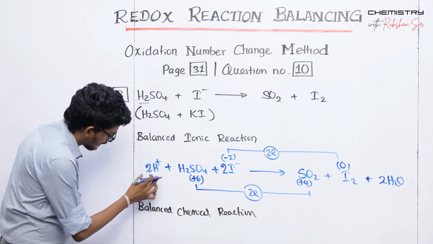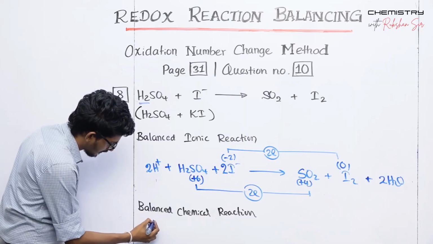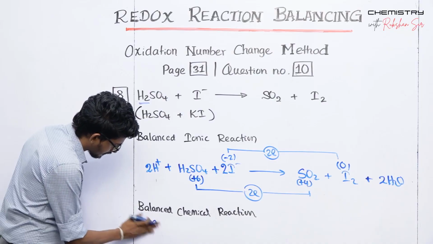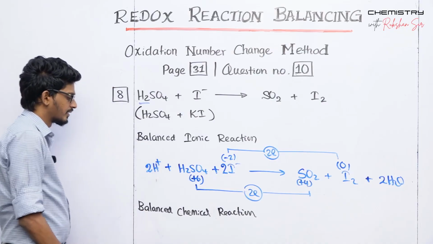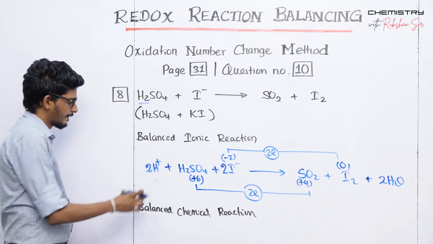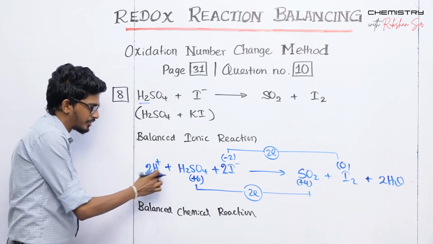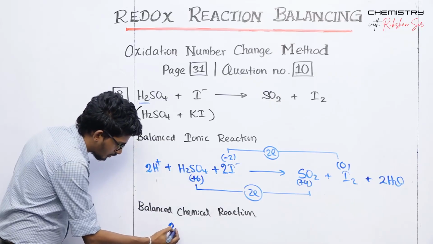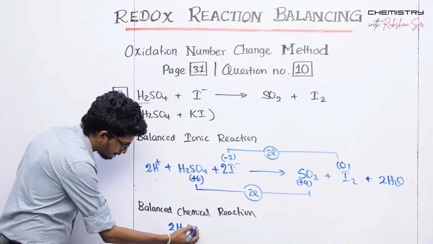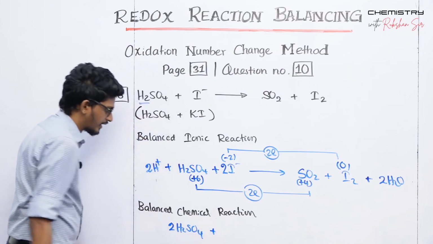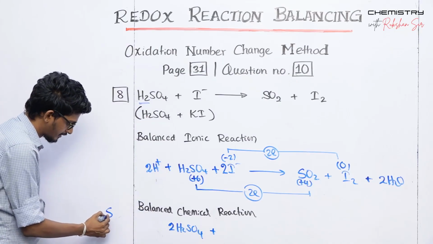So for that I can come up with one H2SO4, right? That H2SO4 and this H2SO4 becomes 2 of H2SO4s. So I have added some SO4 2 minus ions by hand.